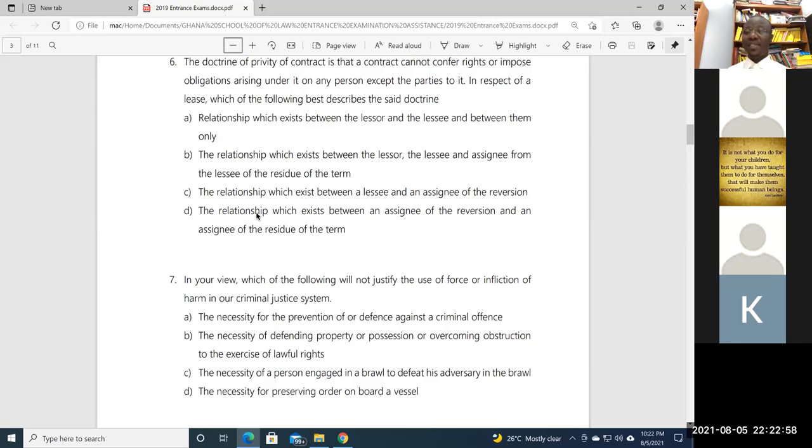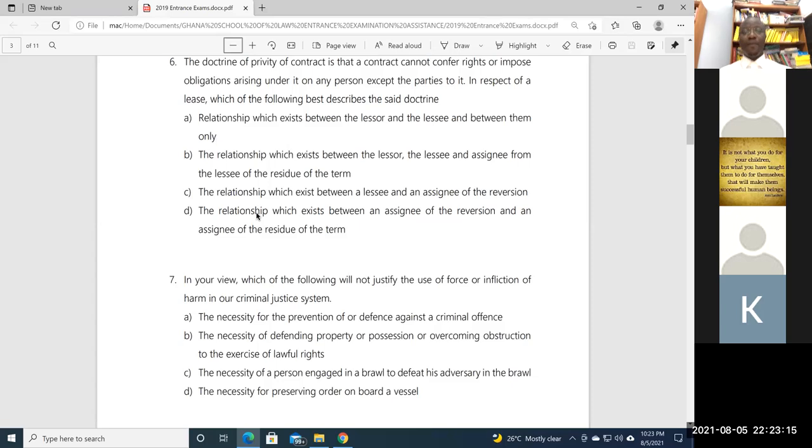These are some of the ways, and of course, restrictive covenants, the rule in Tulk v Moxhay.